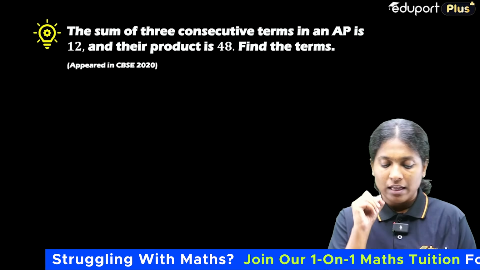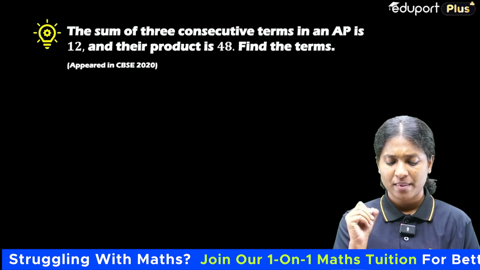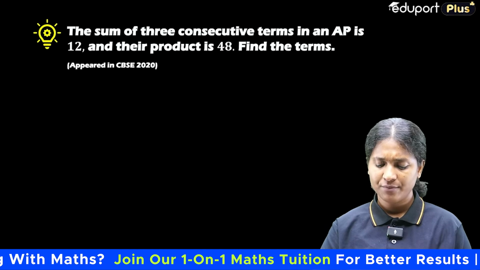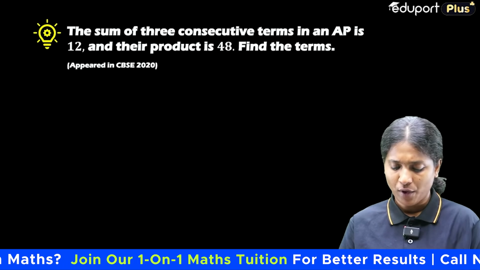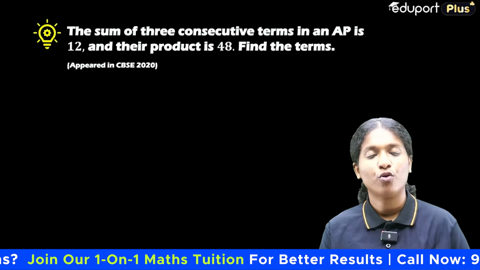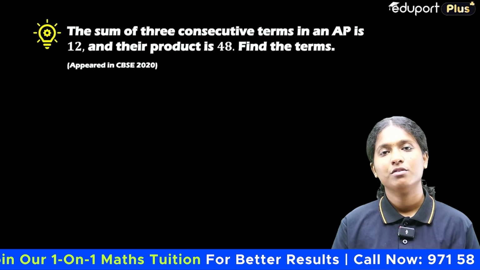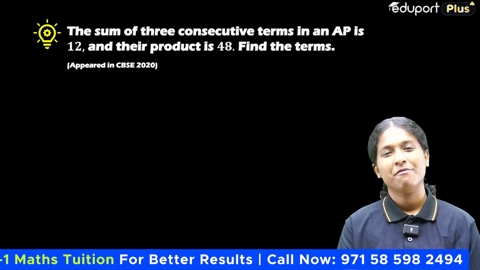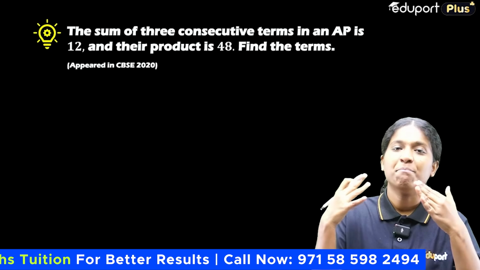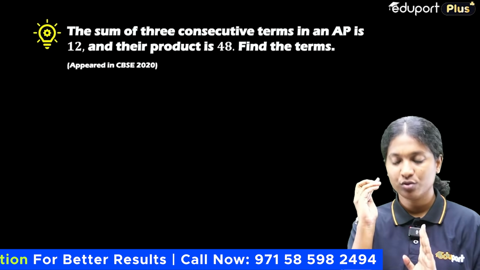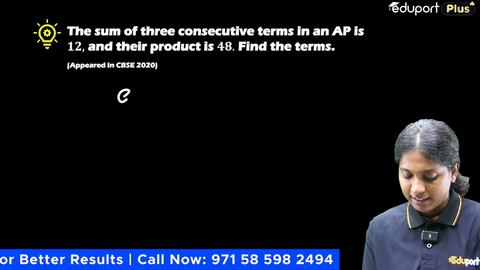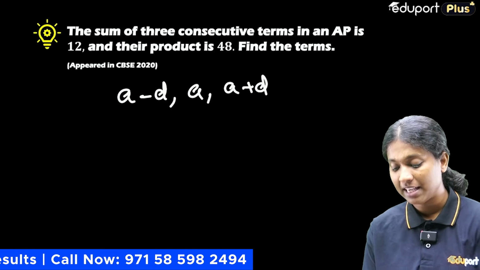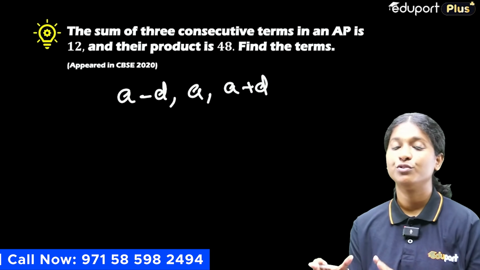Now, in this question, these terms are in AP, and when they are added you get 12, and when multiplied you get 48. You can use a, a plus d, a plus 2d, but that will be very messy. So, you can take the terms as a minus d, a and a plus d, which will be easier for you to sort out.